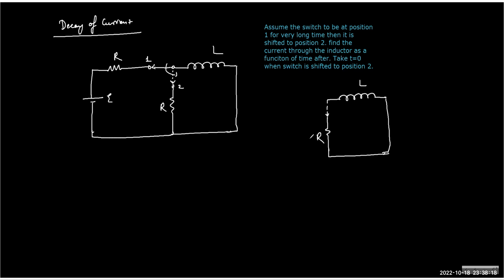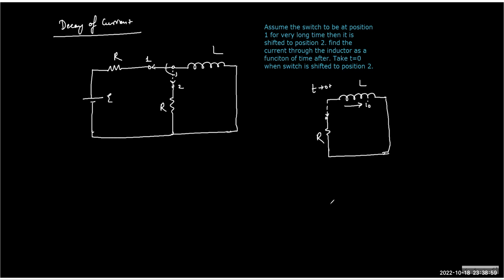Similar to that situation, if the current in the inductor was I naught at t equals 0, even though you shift the switch, at that instant the current in the circuit remains I naught. That's very interesting. So the current will not go up or drop suddenly. It's just like momentum is conserved at that instant. So it is still m v naught. But because of the air resistance, it will slow down and eventually it will come to rest, and the current becomes 0.